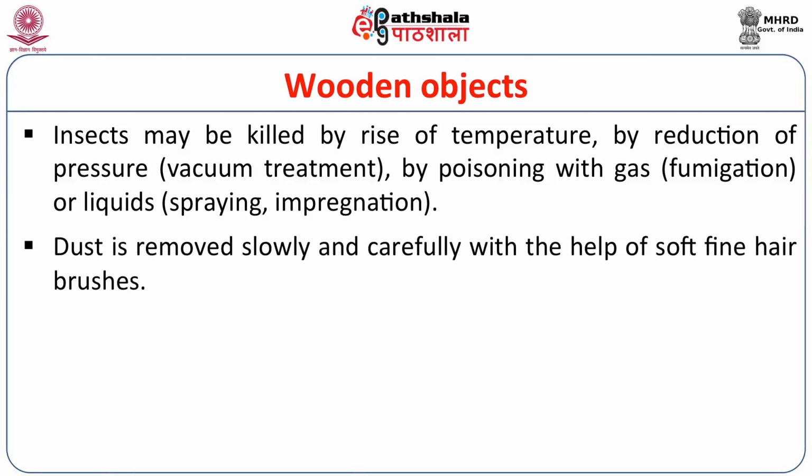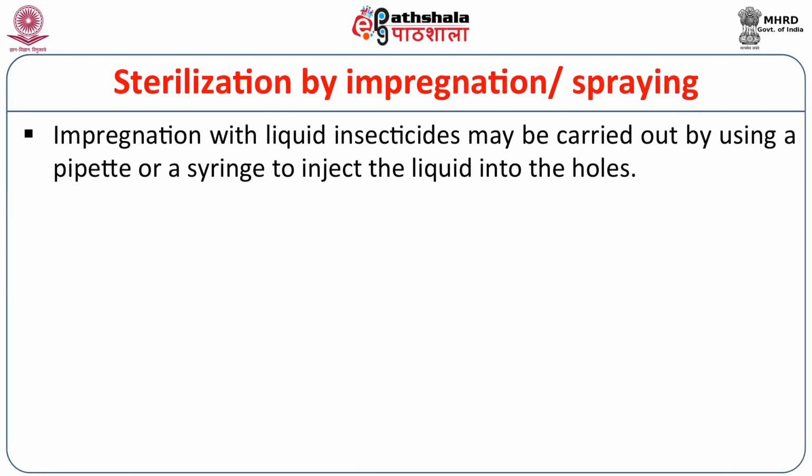Dust which covers our wooden object or cultural property should be removed slowly and carefully with the help of a soft, fine hairbrush. Spraying is one of the best ways for the treatment of insects.